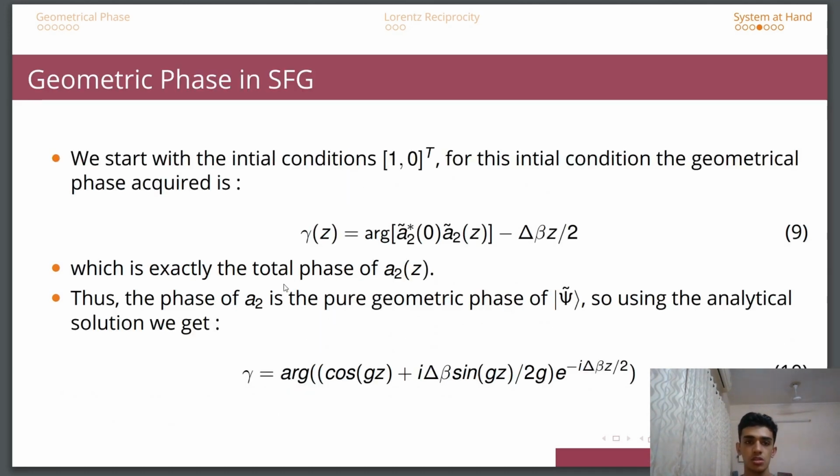Cool. So we start with the initial condition (1, 0) transpose, just because it's a column vector. For this initial condition, the geometrical phase acquired, as I mentioned, is the total phase, the argument of A2 tilde, the tilde ones being the rotated ones, minus the dynamical phase acquired. Now this dynamical phase, as I mentioned earlier, can be thought of as an analogy from the integral of h dt.